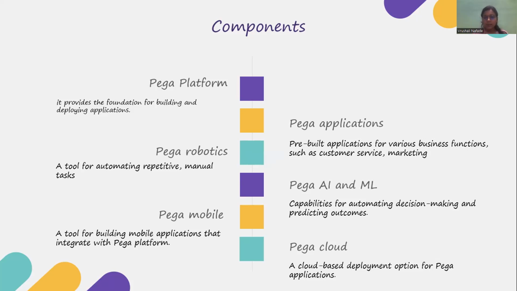Fourth is PEGA AI and ML. It has the capability of automating decision making and predicting outcomes. Fifth is PEGA Mobile. It is a tool for building a mobile application that integrates with the PEGA platform. And at the last, PEGA Cloud. It is a cloud-based deployment option for PEGA applications.